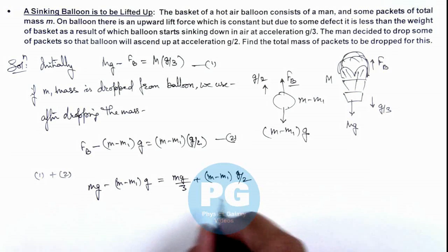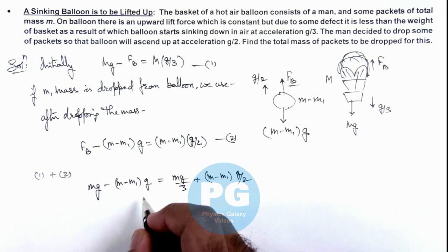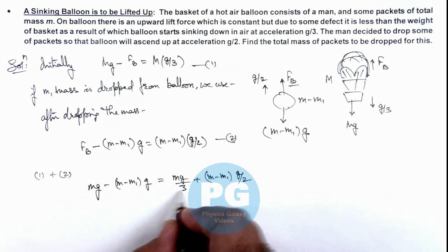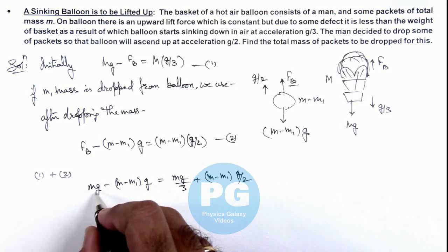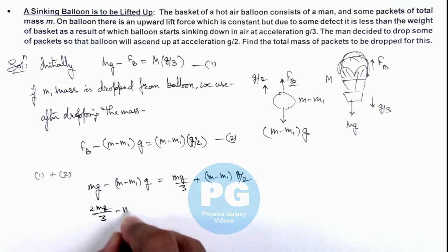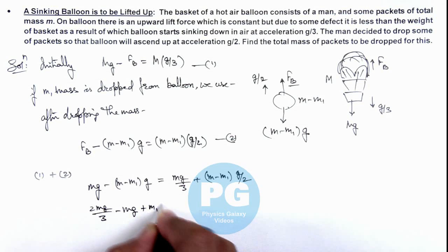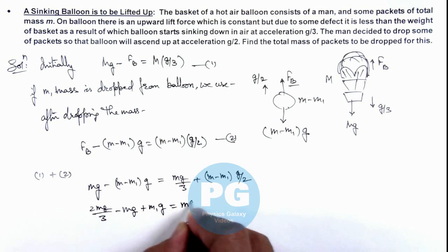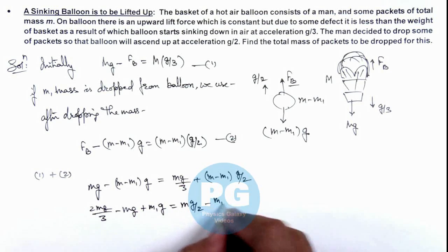If we further simplify this equation, you can see mg minus mg/3 is 2mg/3. So this 2mg/3 minus mg plus m1g is equal to mg/2 minus m1g/2.